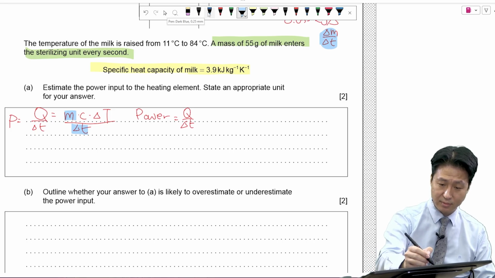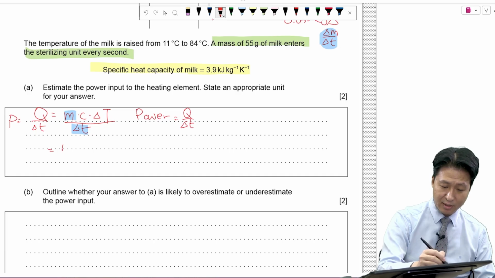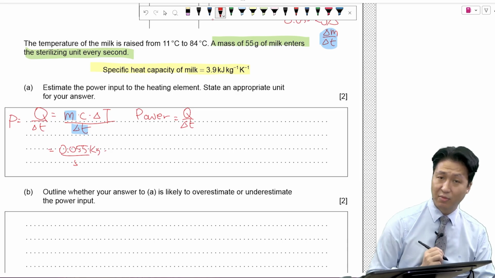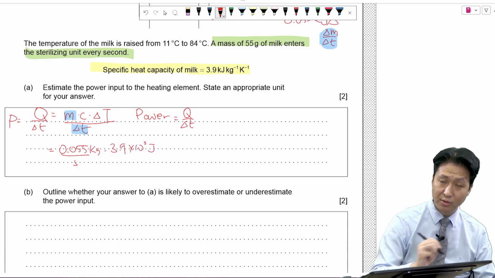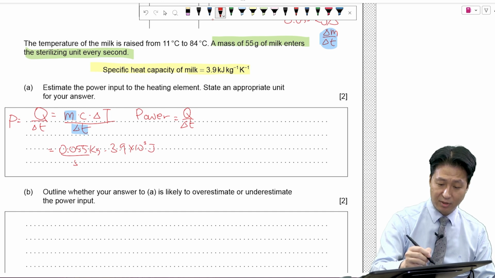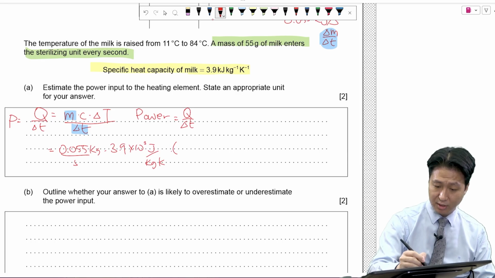So let's input the numbers. It's 0.055 kilograms per second multiplied by specific heat capacity, 3.9 kilojoules, so it's times 10 to the third joules per kilogram Kelvin, times the change in temperature, which is 84 minus 11.